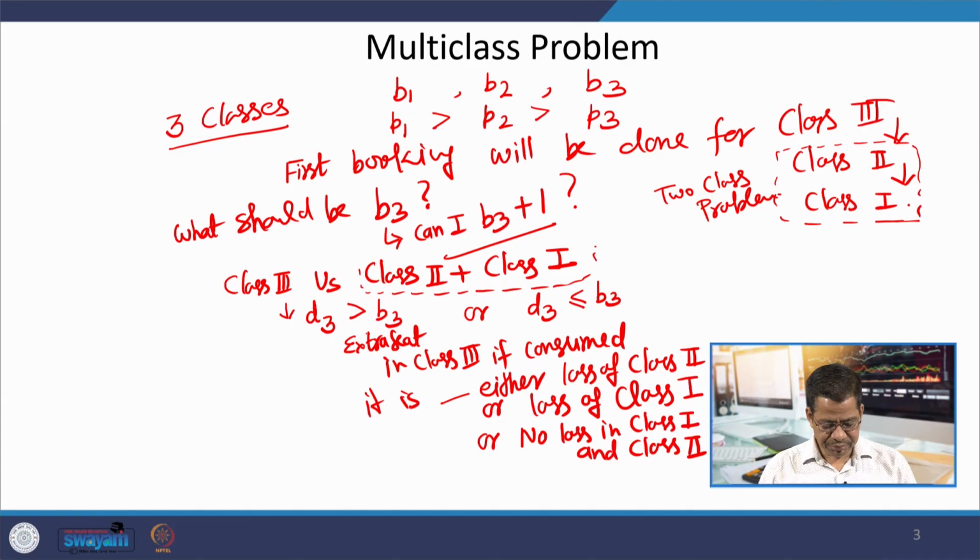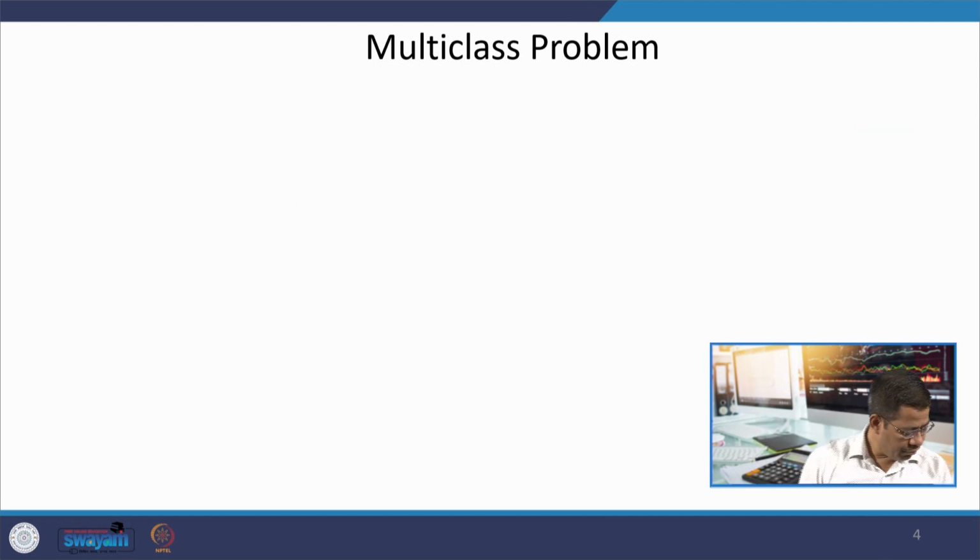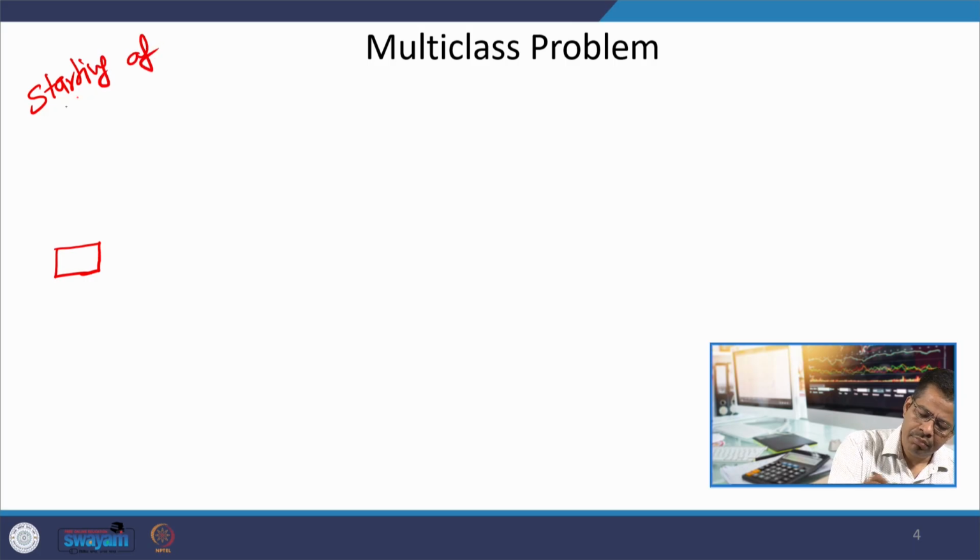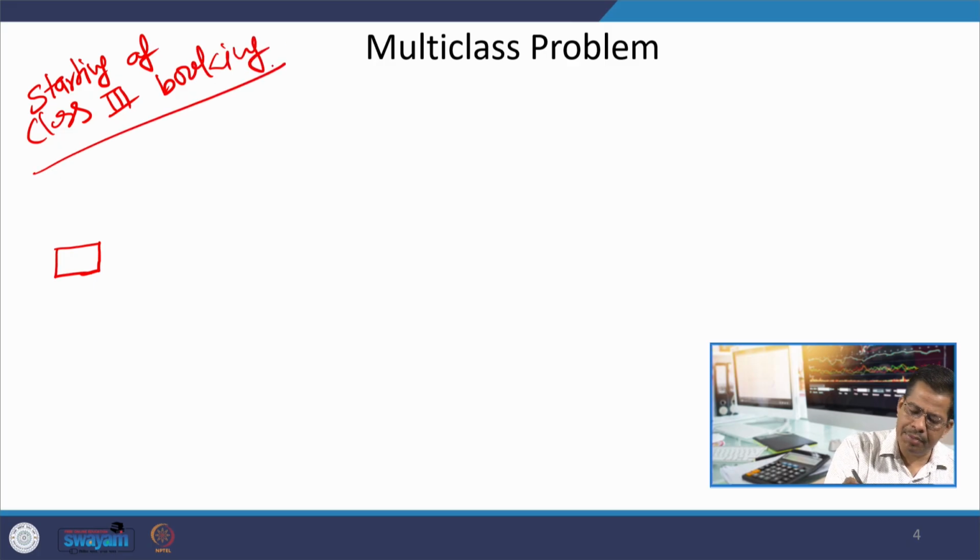Let us see how. I hope we are clear with this scenario, and let us see the development of the decision tree. I am considering this class 3 situation, the starting of class 3 booking, and when we are starting the class 3 booking, we have to only see how much we are going to allocate for class 3.